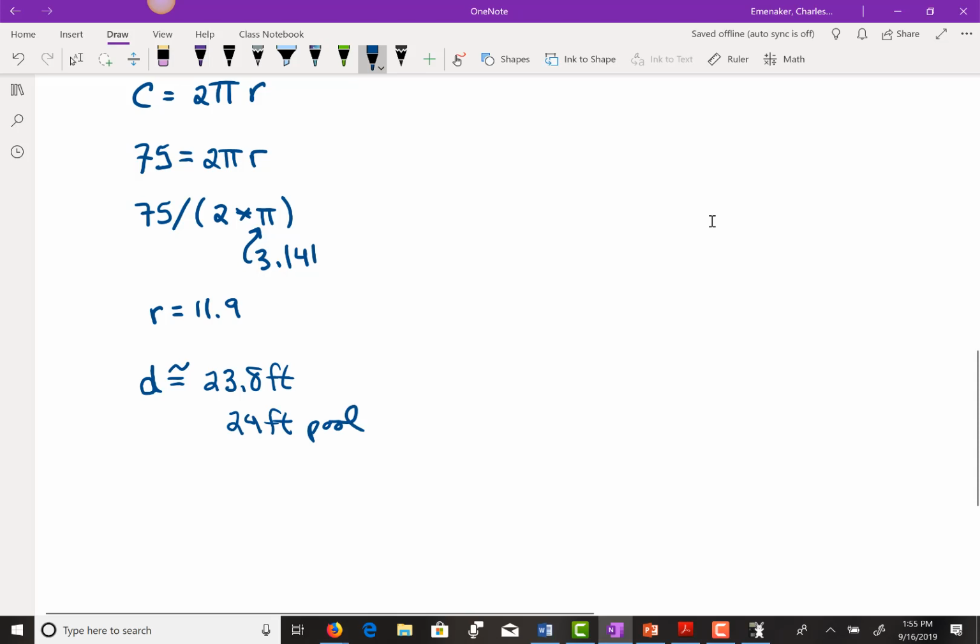Now, before you go telling everybody, you want to think for a minute, does this number make sense? Have you ever heard about or seen a 24-foot circular pool? That's kind of a standard size, isn't it? Oh, well, that sounds doable. What if you would have come up with the diameter equals 2.4 feet?